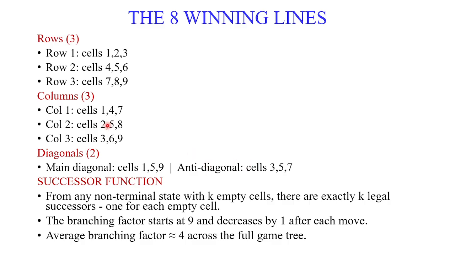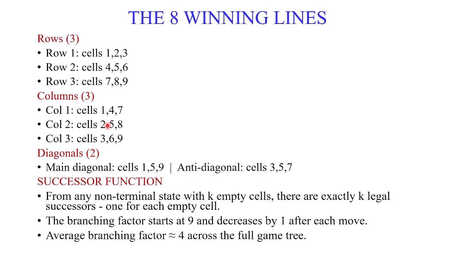Now, the successor function. This is an AI term: for a given state, what are all the legal next states? In the tic-tac-toe problem, from any non-terminal state with k empty cells, there are exactly k successors, one for each empty cell where you could place your mark.